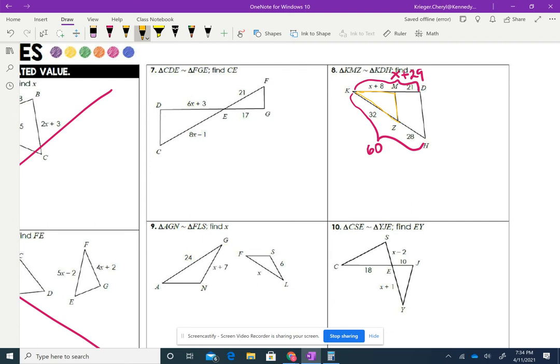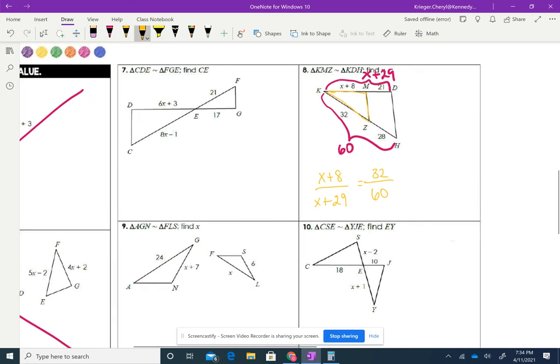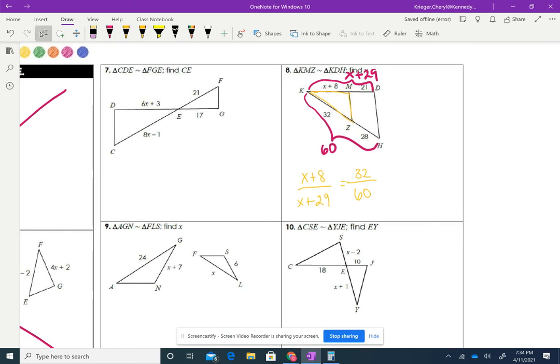All right, so let's do X plus 8 over X plus 29 equals 32 over 60. That's smaller over larger. Okay, so the math is similar to the last one. Can we reduce 32 over 60 and just make our lives easier?